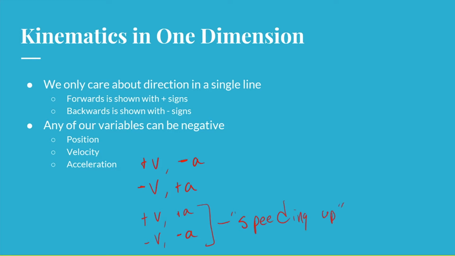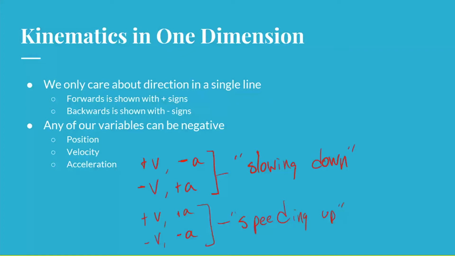So if you are moving forward and you're also accelerating forward, you're starting to go even faster. If the signs are different, this is slowing down. So if you're going forward but you're starting to slow, you're eventually going to stop, and then you're going to start moving backwards again. That is what happens when you have velocity and acceleration with different signs.